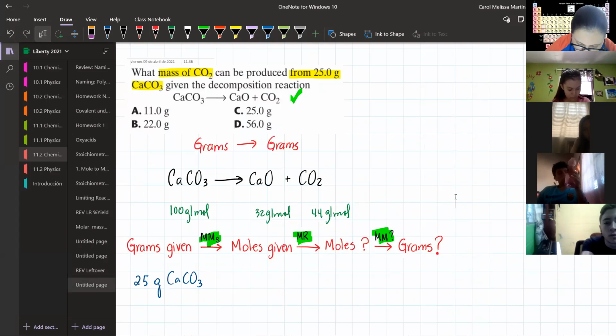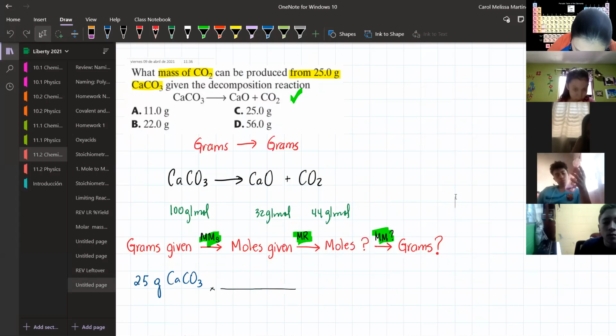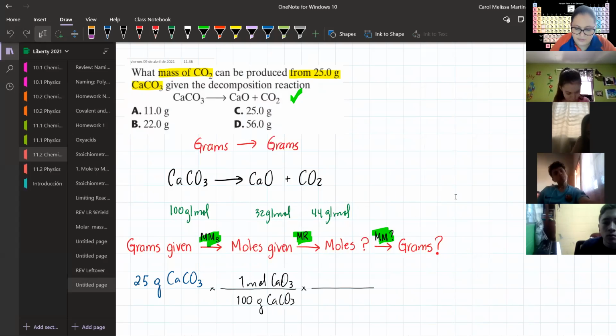So we start from that. I need the molar mass of the given. So the molar mass of the given is 100 grams CaCO3 in 1 mole CaCO3 times. From moles given to moles unknown, I need the molar ratio between calcium carbonate and CO2 because that's the question about.